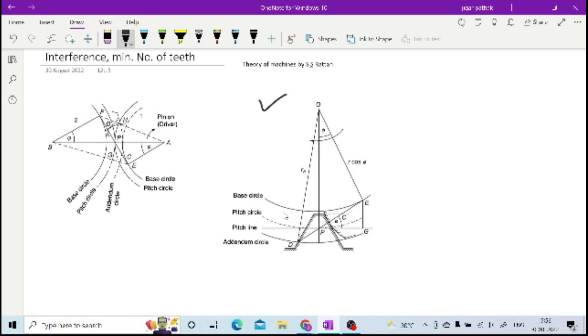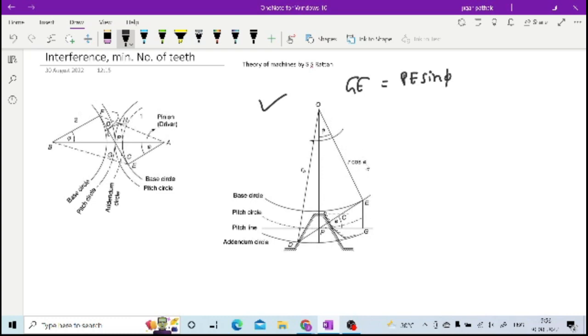If you go for this rack and pinion, then here your GE, if you see, this is your GE, right? So your GE is PE sine phi, right? If you see in this triangle, your GE is PE sine phi. Now PE, if you see this PE, then this PE is again R sine phi, because this is R, right?